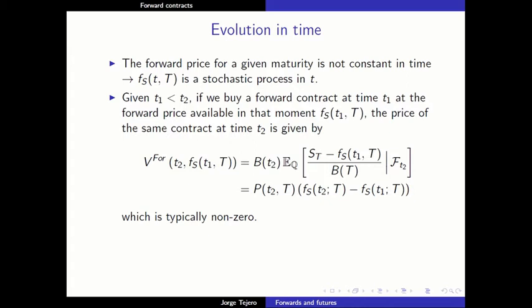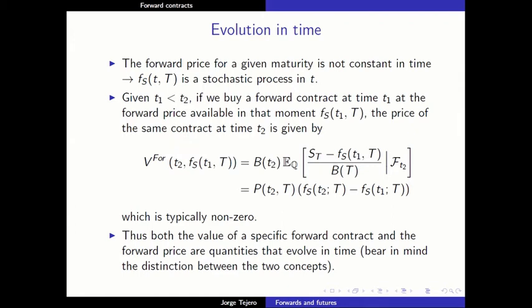Okay, so it may or it may not have 0 value in the future, but the value of the contract in general is not going to be 0, because the forward price is a stochastic process, it's moving in time, and so as the forward price is moving in time, then so is the value of the contract that we bought at time T1.